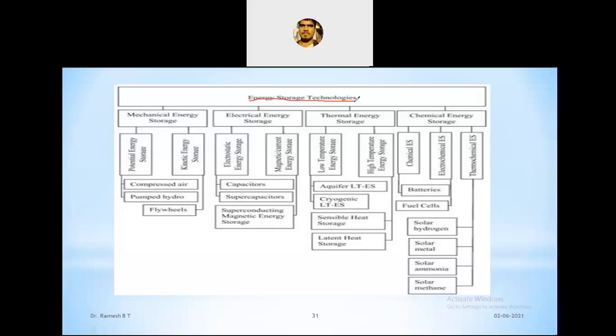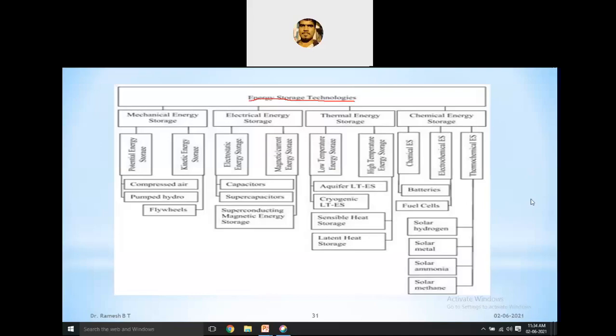Means the storage system is different for different processes. After conversion, how we are going to store the energy: whether I am going to store it in the form of mechanical, electrical, thermal or chemical. So these are the 4 important types where we can store the energy.